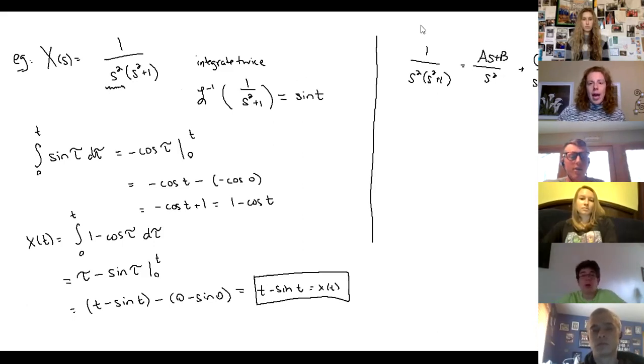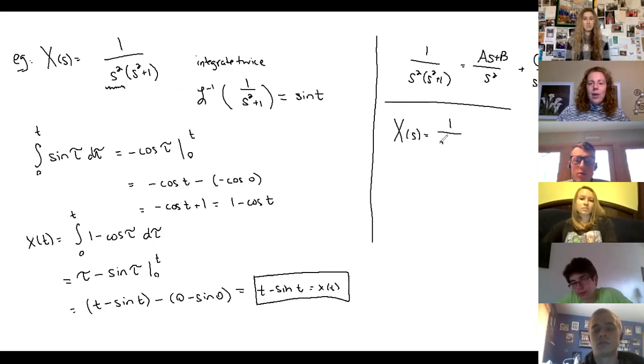Okay. I won't work through this example, but that's a good question. Sometimes you will have to mix this with partial fractions. So if you have capital X of s is 1 over s plus 1, s plus 4, then you can integrate once because there's an extra s. And the question is, what do we want to integrate?